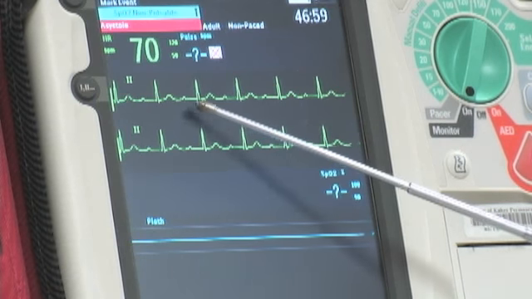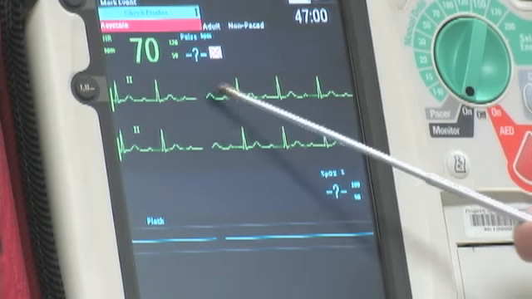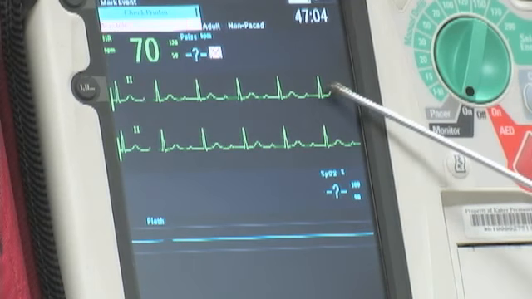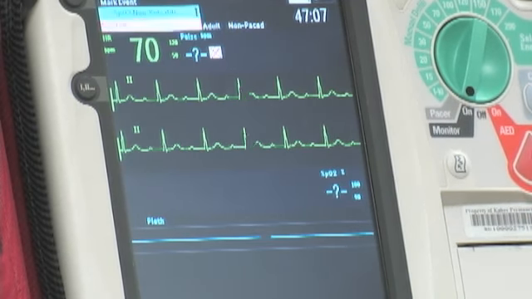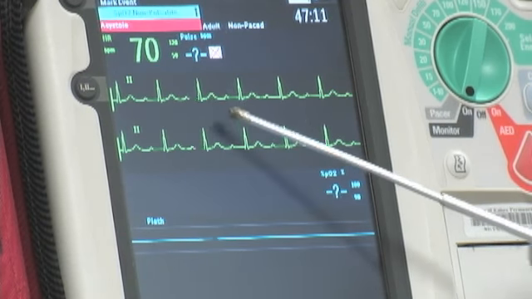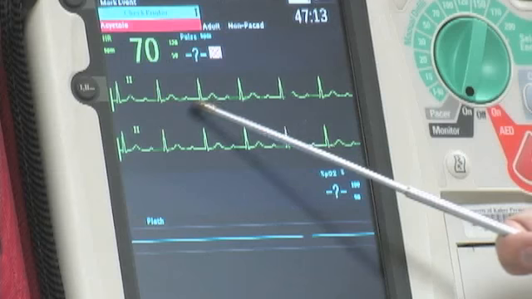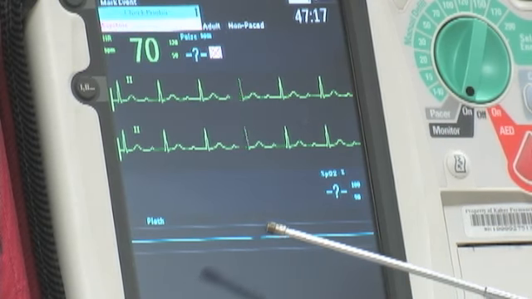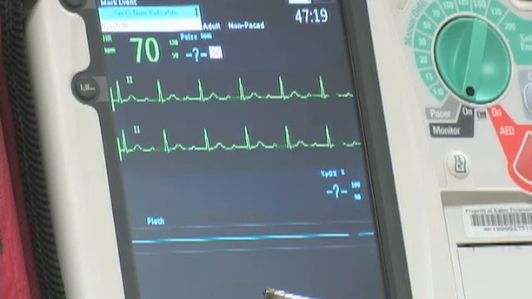Okay, let's look at the rhythm. P wave followed by QRST, P followed by QRST, each and every time. So we would say this is sinus. But if you note, the PR interval is longer than what it was for sinus brady or normal sinus rhythm.